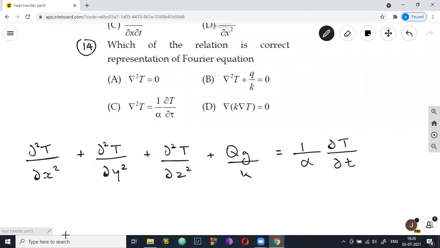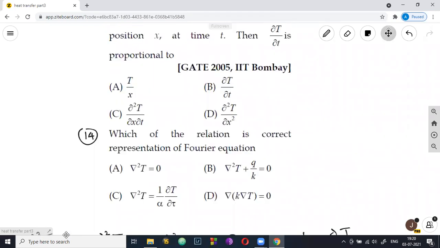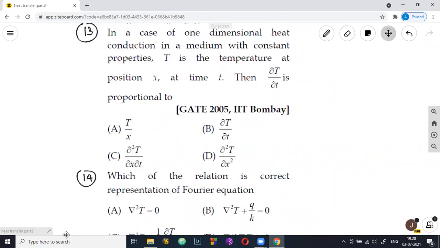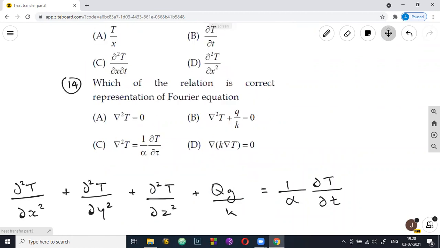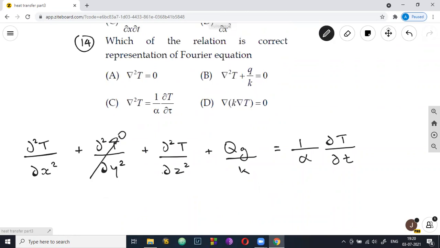This is the three-dimensional equation. Now, what is the situation here? One-dimensional heat conduction in a medium with constant properties. And here also we have to assume proportionality. Okay, so let's do one thing. Since it is one-dimensional, this term can be taken as 0. This term can be taken as 0. Okay. Now, since nothing is mentioned as heat generation, by default, we can always take heat generation as 0.